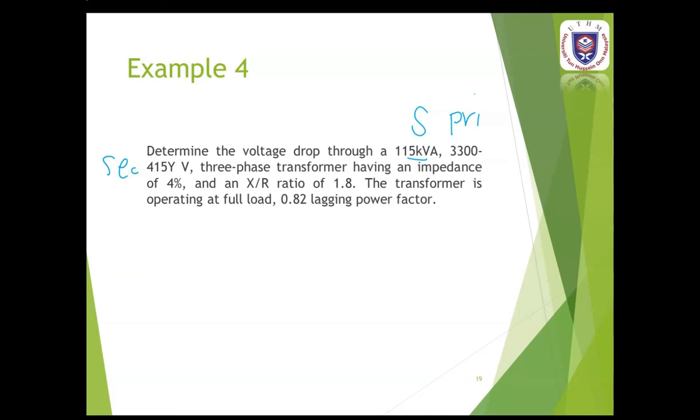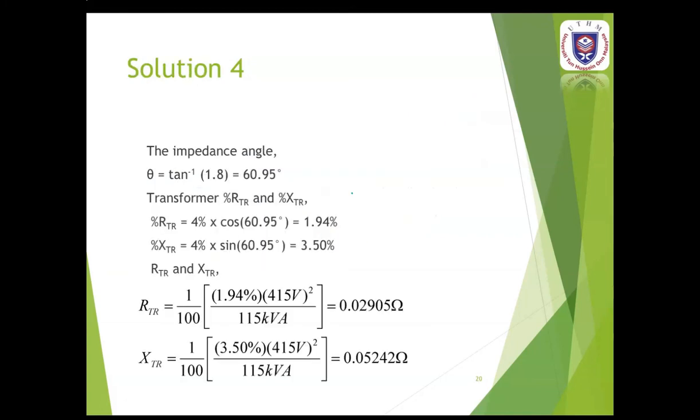It is a three-phase transformer having an impedance of 4%, so the percentage of ZTR is equivalent to 4%. Given that the X per R ratio is 1.8 and the transformer is operating at full load, 0.82 lagging power factor. Lagging shows that this is an inductive load.